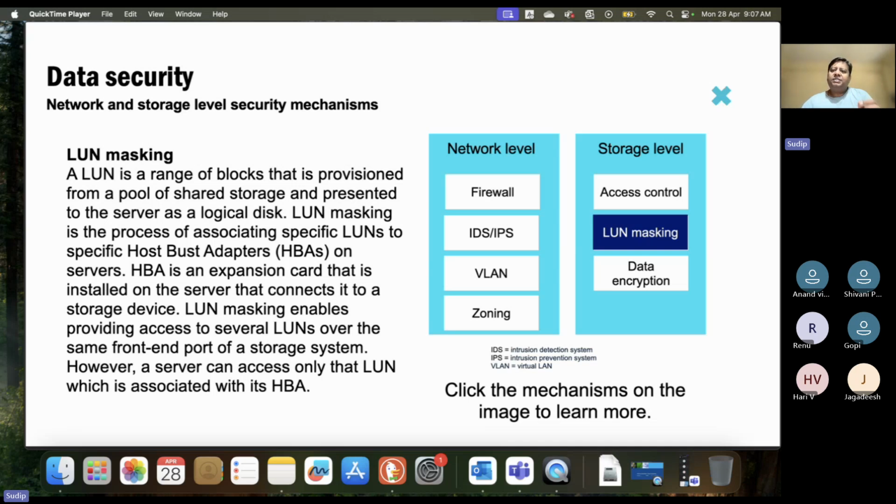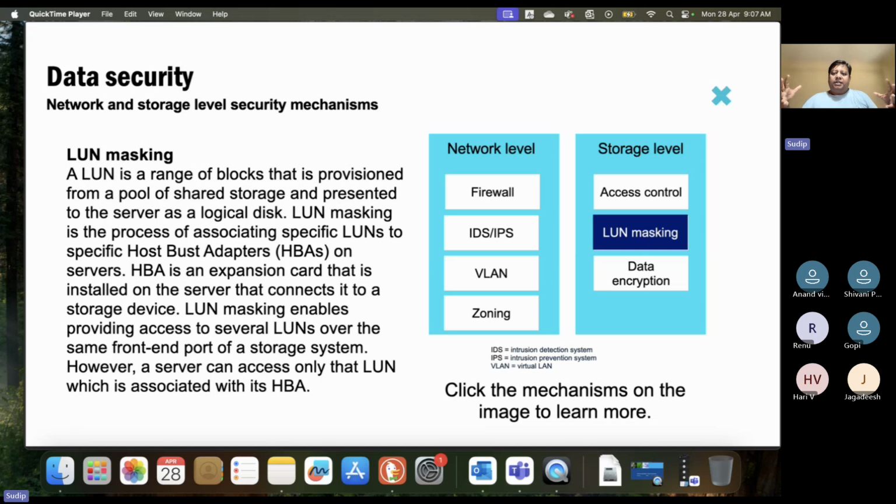Each of those slices is called a LUN. So LUN 0, LUN 1, LUN 2, so on and so forth. By default, if you do not have this concept called LUN masking, any server that is connected to the storage system can have access to all the LUNs in the storage.